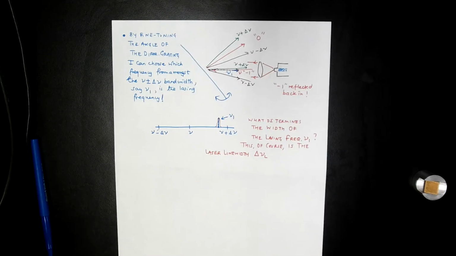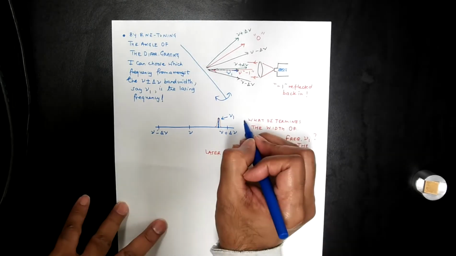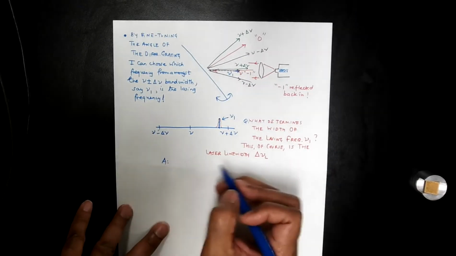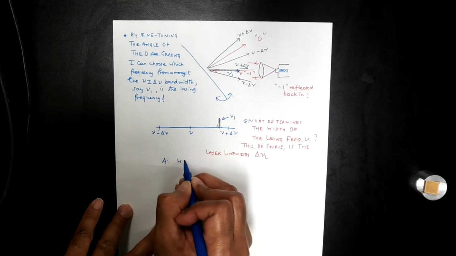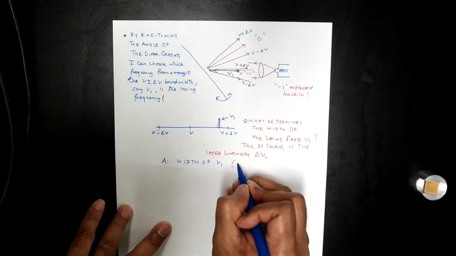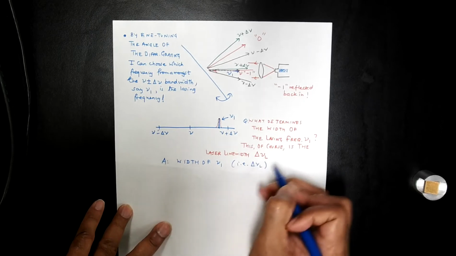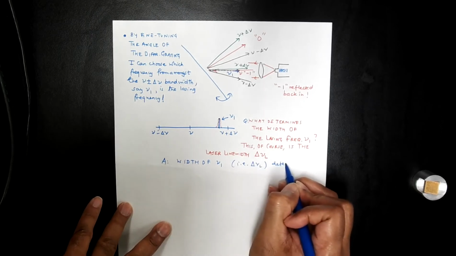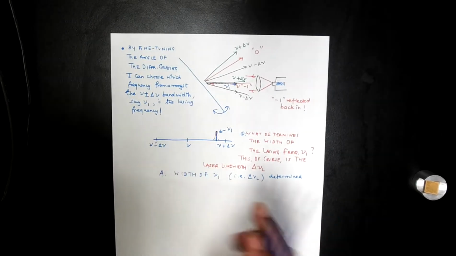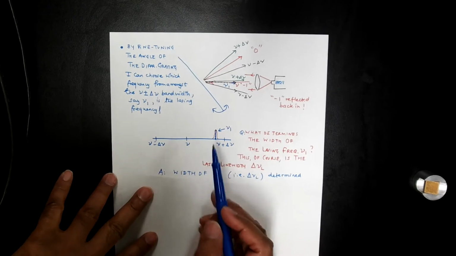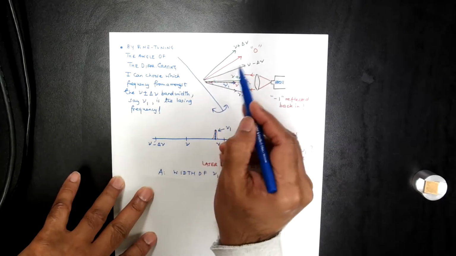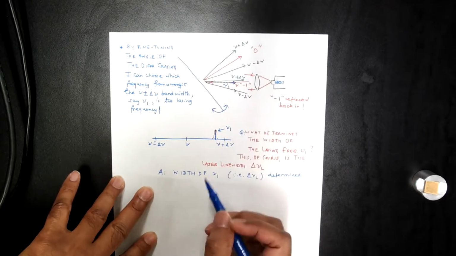Okay, so this is the question, and the answer is that the width of nu 1, that is delta nu L, is determined by, what do you think that is? It's determined by the resolving power of the diffraction grating, meaning how finely is it able to separate out the colors within this cone, right?